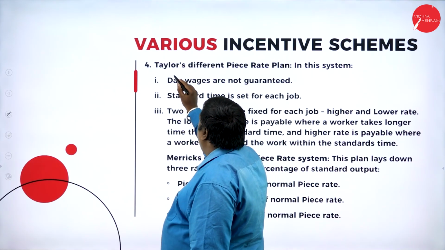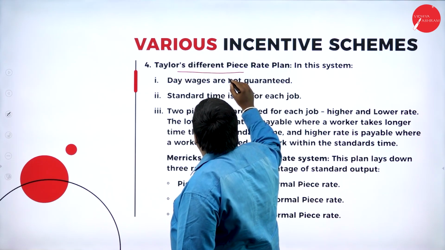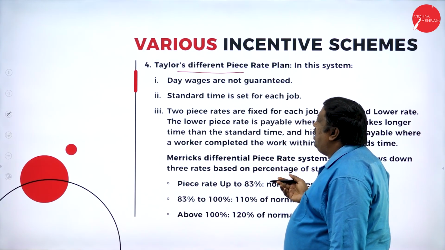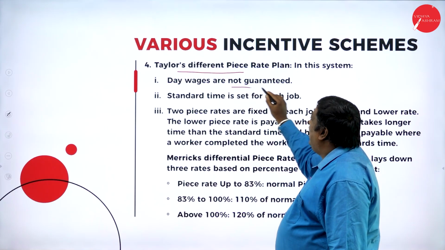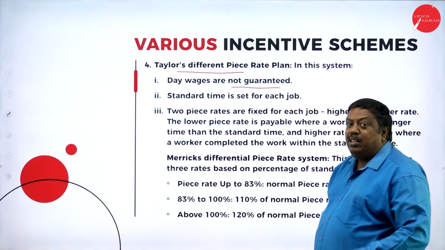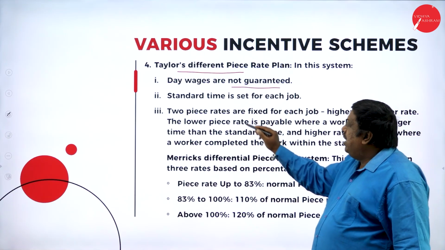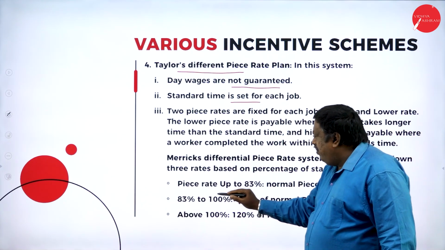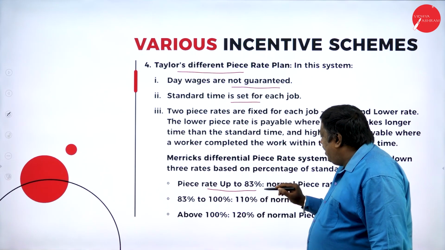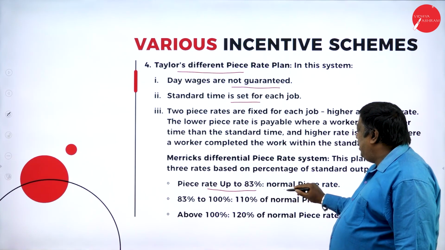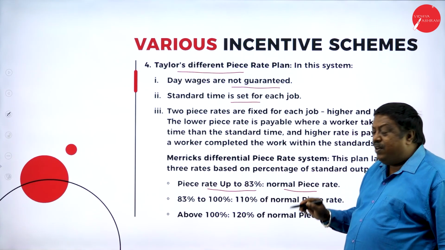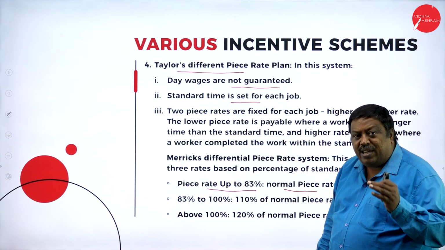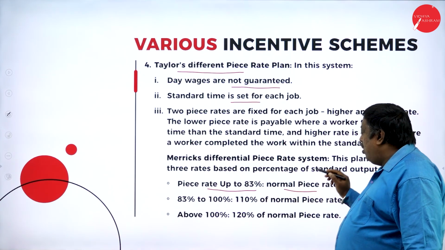Next, we have Taylor's differential piece rate plan. Based on that, they pay the wages, and here there are no guaranteed wages, but standard time is set for each job. Up to 83%, they get the normal base rate. Up to 83% of capacity of each laborer, he will be getting normal wages.